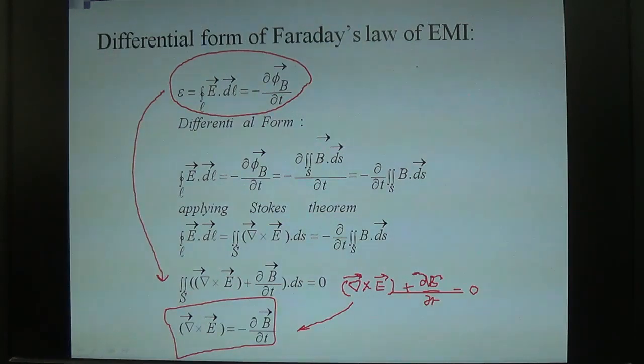So curl of E means that you had considered here this circular coil, right, and the closed path integral of E dot dl signifies this.